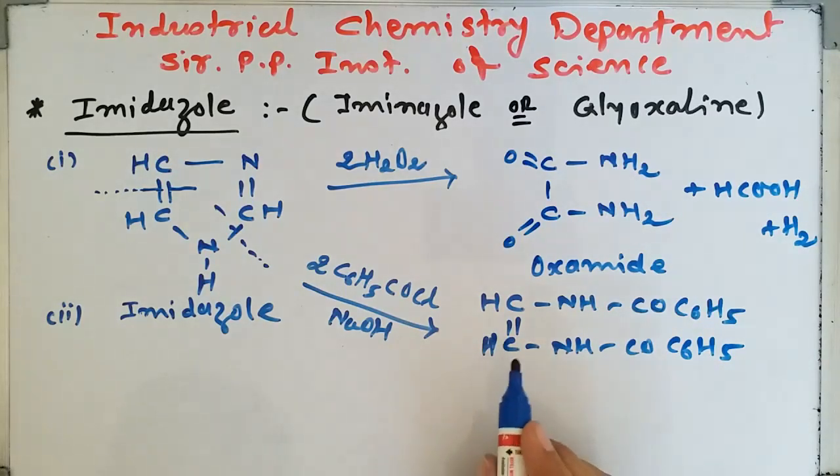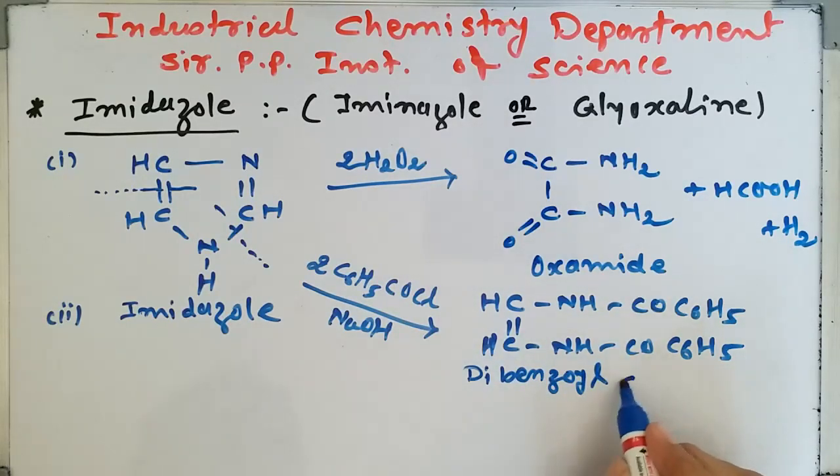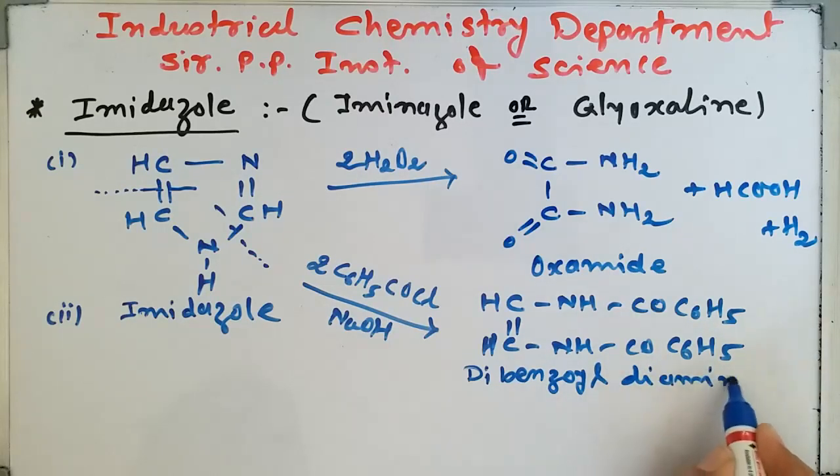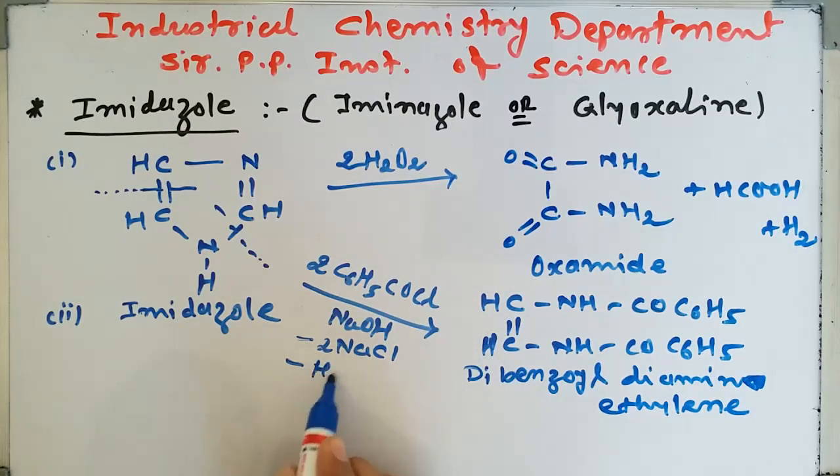This is dibenzoyl diaminoethylene. And there is removal of 2 NaCl, the sodium salt of the acid, and H2O. These are the ring opening reactions.